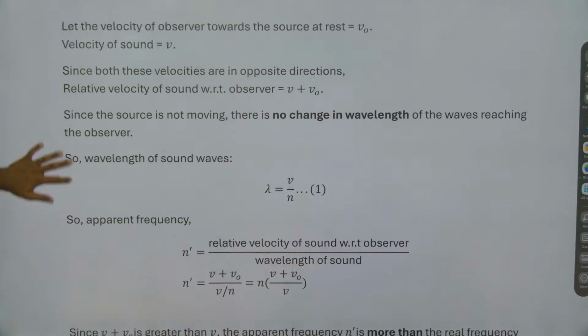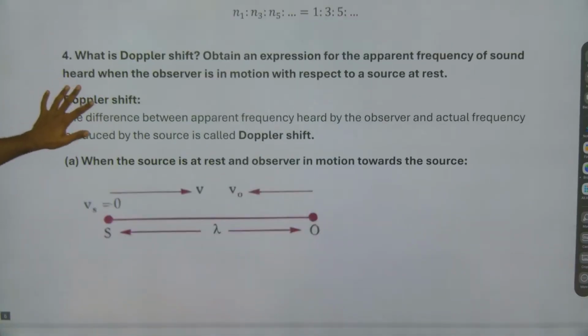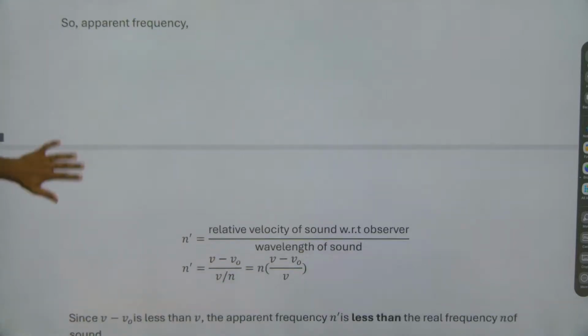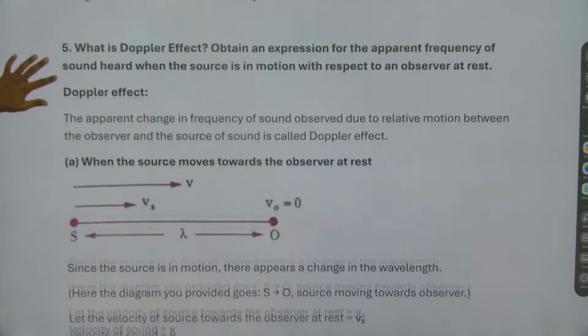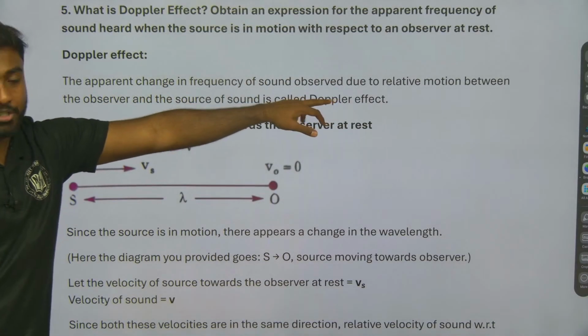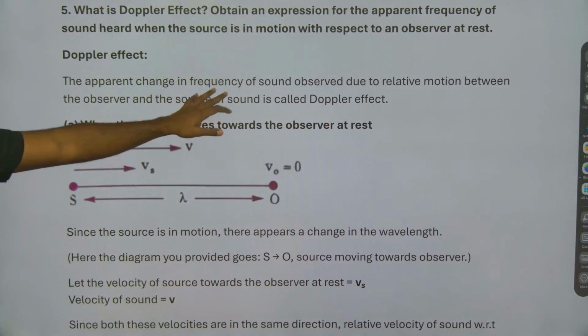One is Doppler shift, and this is Doppler effect. When we talk about the Doppler effect, it is the apparent change in frequency of a sound observed due to relative motion between the observer and the source of sound.